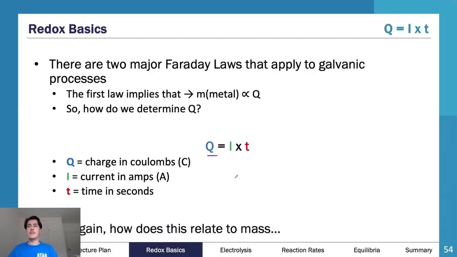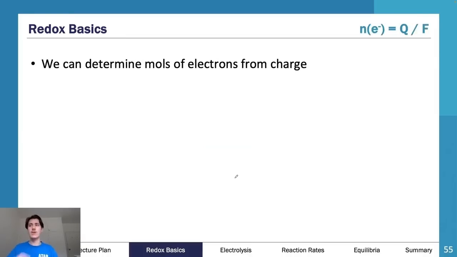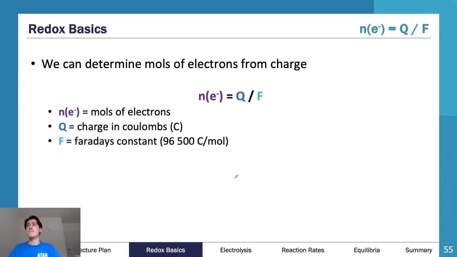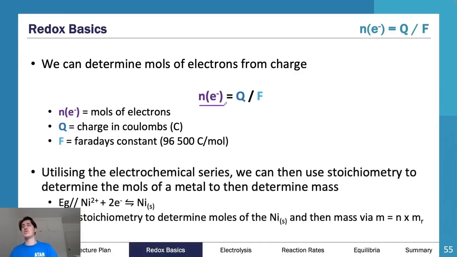But again, how does this relate to mass? So you've got Q equals IT. How do I relate this back to mass of metal? Well, we can determine the moles of electrons from charge. The moles of electrons is equal to the charge over Faraday's constant. And if we know the moles of electrons, we can then use that to determine the moles of a product, like our solid nickel here.